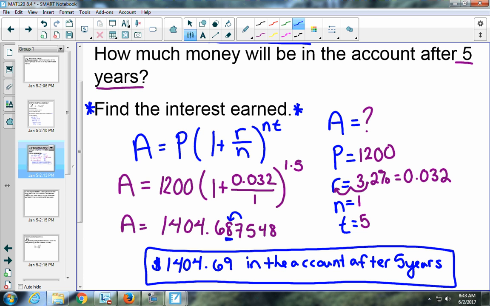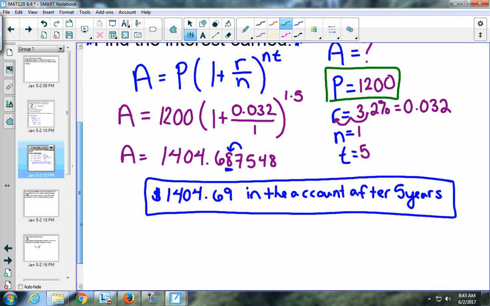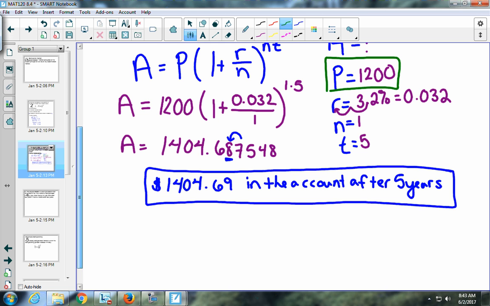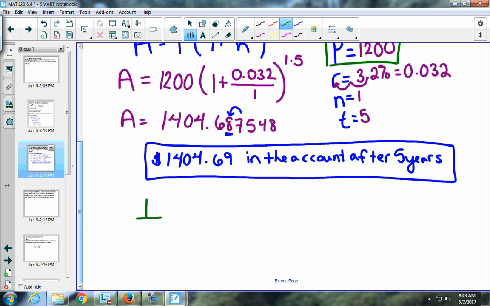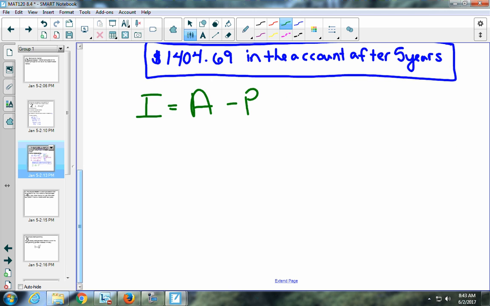If we originally put in our $1,200 and we now have a little over $1,400, all of the money that it increased by has to be the interest. It's the only way that my bank account could go up. I didn't deposit any extra money. So anytime I'm trying to find the interest, I'm going to do the future value minus the principal.